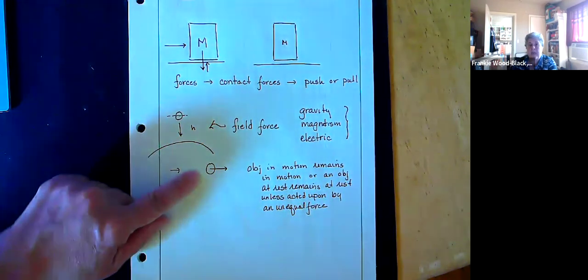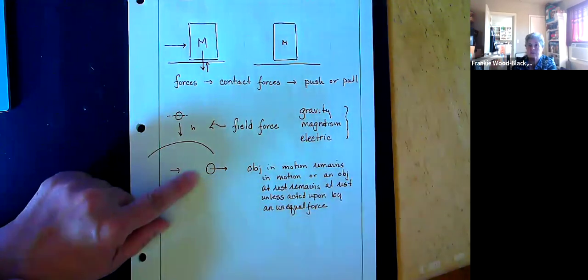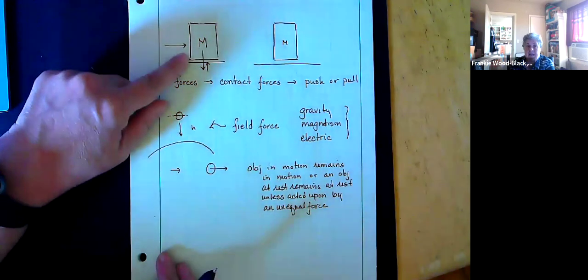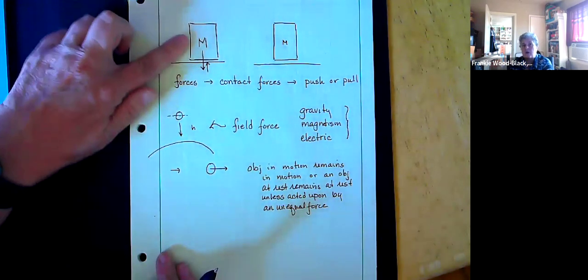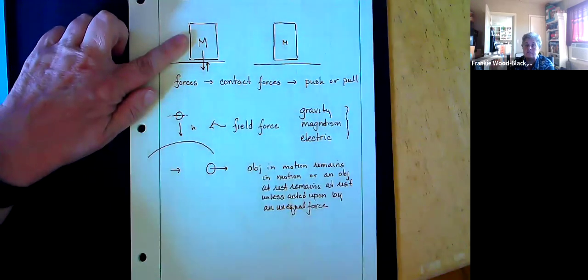So if this is in space, this is going to go on in space, going on forever and ever and ever until it hits a wall. This mass, if I don't apply a push or a pull here, it's going to sit on the tabletop until something comes along and bumps it.